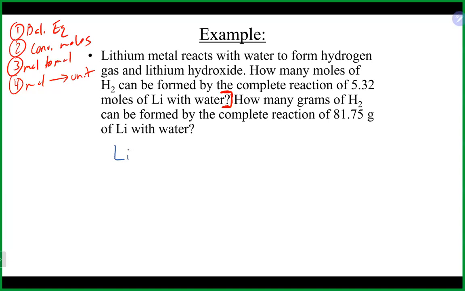Remember, it has no charge by itself, reacts with water, which hopefully we know is H2O, to form hydrogen gas. A reminder, hydrogen gas is a diatomic, so it should be H2, and lithium hydroxide. Lithium is +1, hydroxide is -1, so it looks something like that is our unbalanced equation.